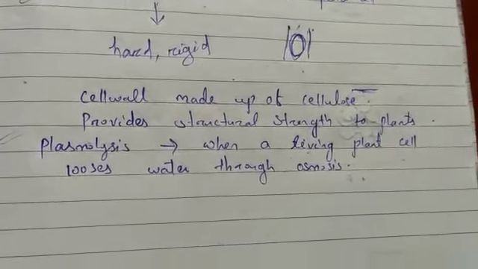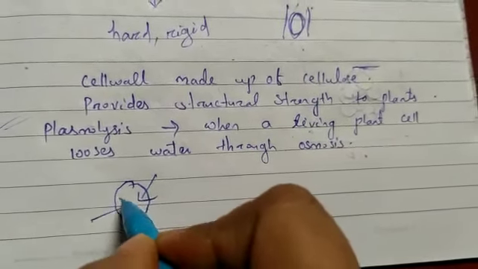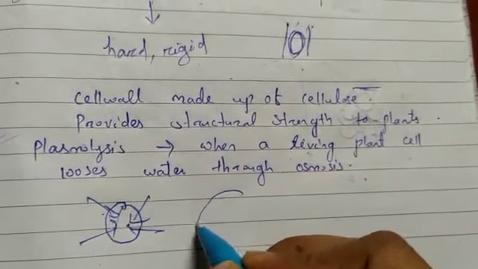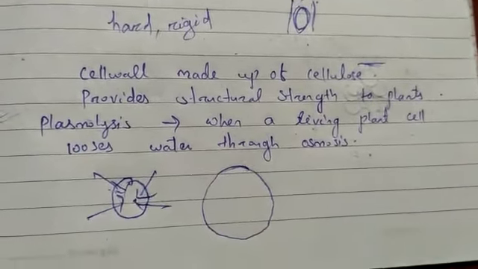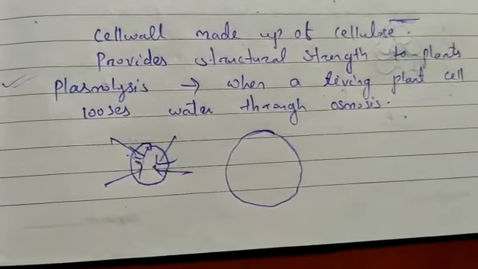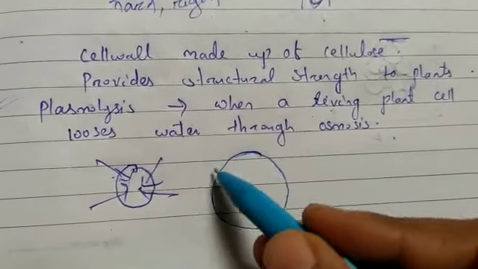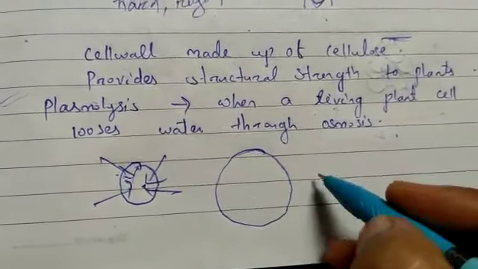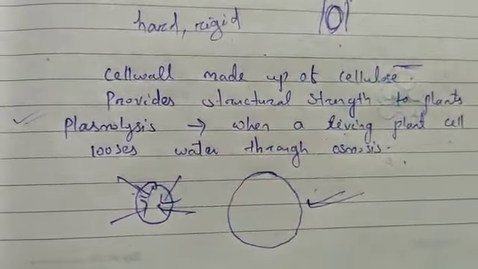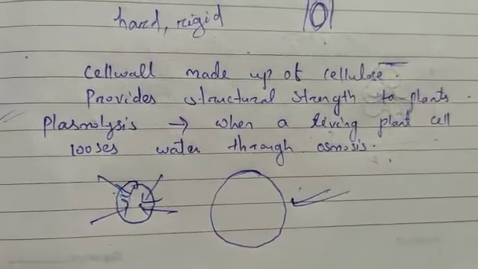In a hypotonic solution the cell gains water from the outside, and as a result the size of the cell increases, and when it becomes too big, it bursts. So the cell wall permits the cell to withstand without bursting.